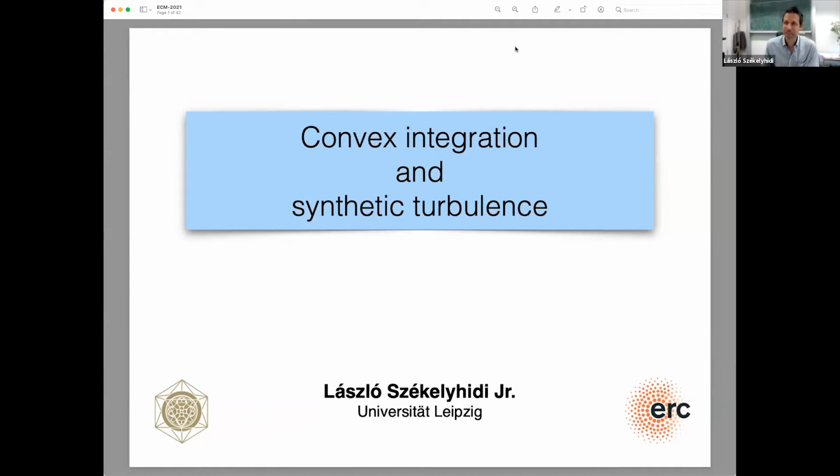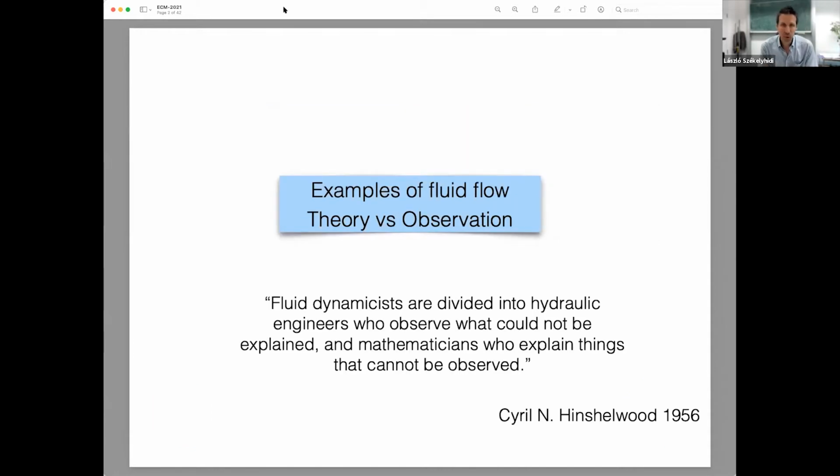It basically refers to turbulence which you produce by hand. Turbulent solutions which you produce by hand. So I will try to give a survey of recent results to this extent. This will be an overview talk, and I will keep it rather elementary.